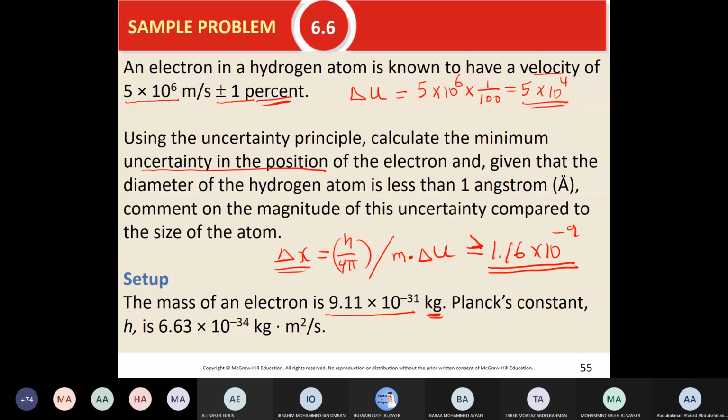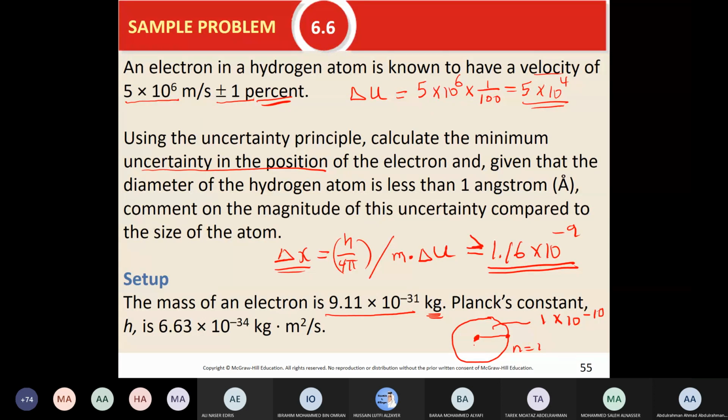If we know the radius in calculation, the radius of the hydrogen atom is calculated now. If this is a hydrogen atom, the radius when n equals 1, the distance from the nucleus to the electron, is equal to 1 times 10 to the power minus 10.